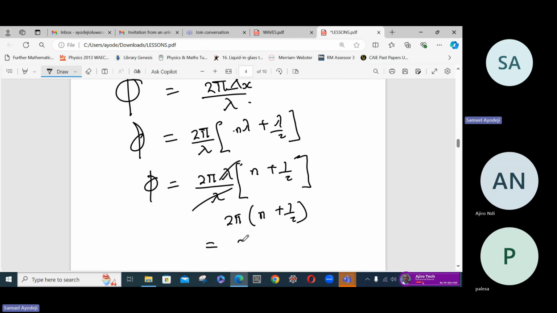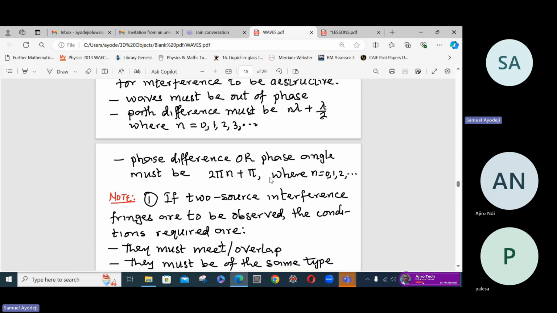Open the bracket, I have 2 pi n plus 2 pi times 1 over 2. So it gives me 2 pi n plus pi. That's how I got it here, where n starts from 0 and so on. So that is the phase difference for constructive interference and destructive interference.